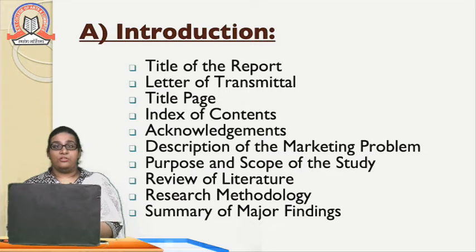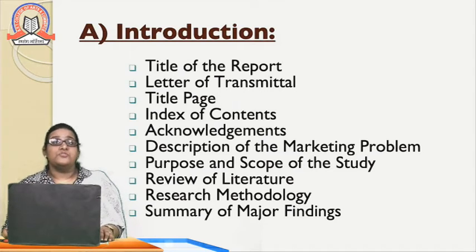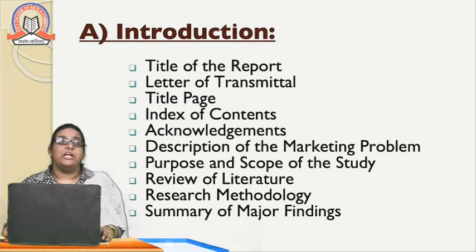Then research methodology, meaning the different methods used for conducting our research, and what data, primary data or secondary data, we have referred to. Then the last is the summary of major findings, the findings we found in our research. So this is the introduction part of our report.